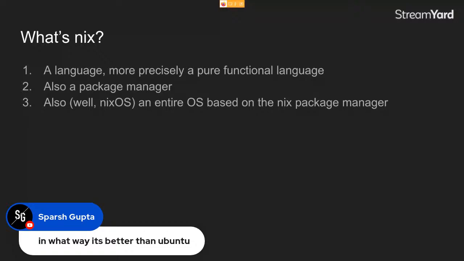To think of it, how Ubuntu works is it has a package manager. You can change the package manager to anything you want. Ideally, by default, it ships with the apt package manager and a bunch of other things, right? And you always run into this problem of dependency resolution.